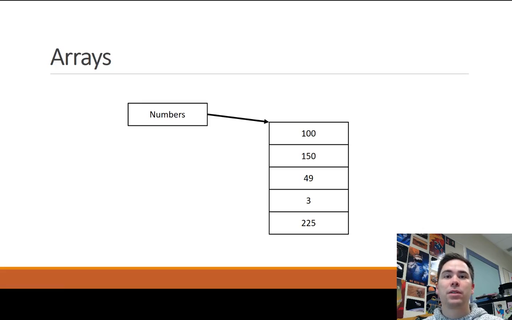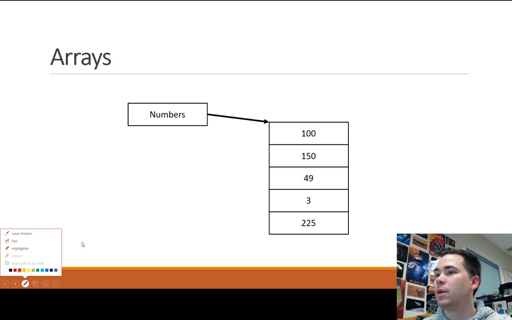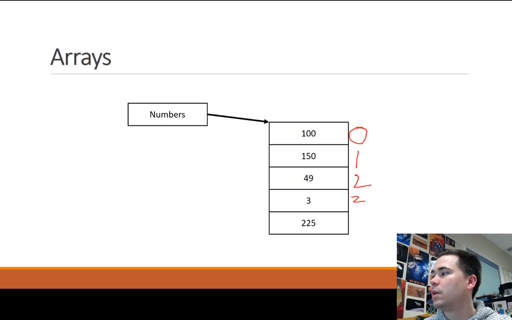Essentially, this is what an array looks like. You're using a data type numbers here, and each number has its own individual box right here. So number 100 is in position 0. This is position 0. This is 1, 2, 3, and 4.